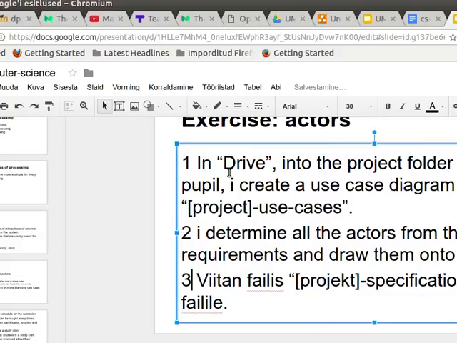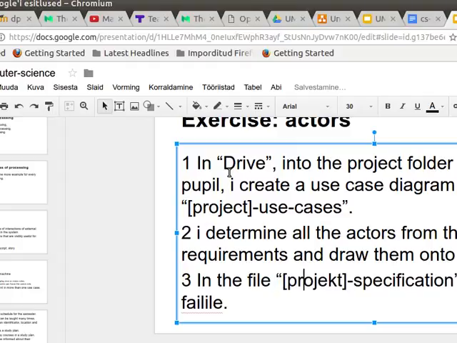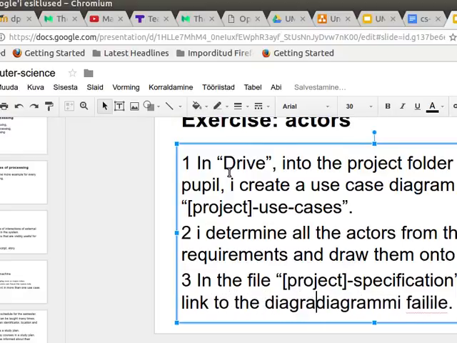And the third step is in the file project specification, I create a link to the diagram file.